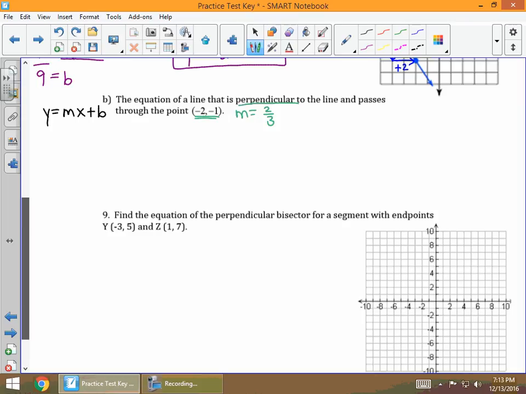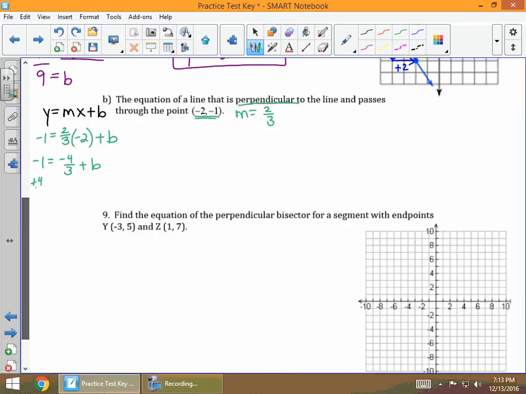Same process again. My y is -1. The m is 2/3. The x is -2 plus b. So -1 equals -4/3 plus b.